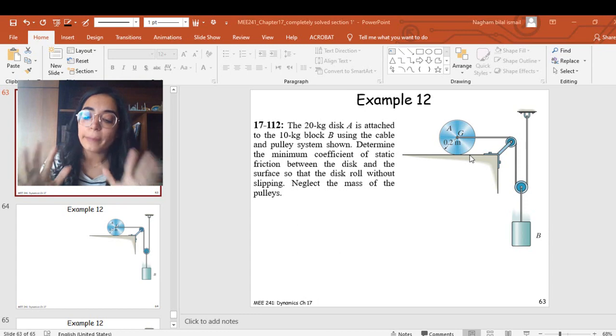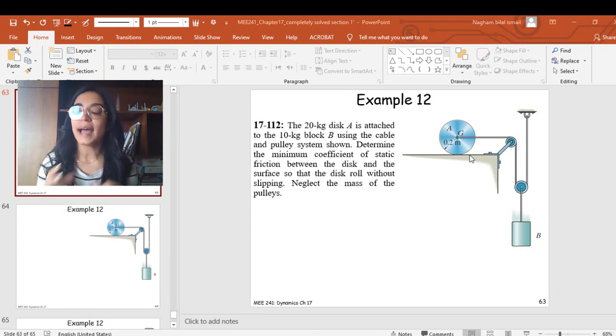Guys, if you go back in this chapter, you can see that we have developed three main equations to use for rigid body. These equations are sum of Fx is equal to m a_Gx, sum of Fy is equal to m a_Gy, and the sum of moment around G, the center of mass, is equal to I_G times alpha, and these equations are applied for any type of motion, especially for the general plane motion, all right?